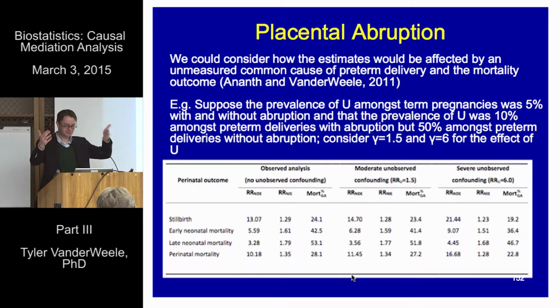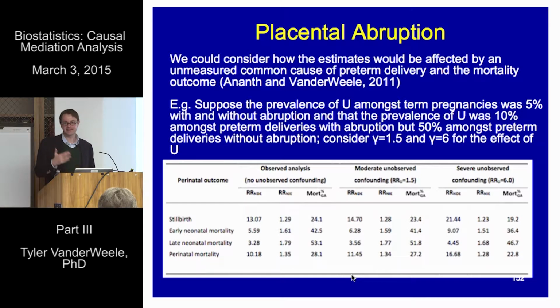We obtained a moderate total effect, a protective risk ratio, reducing infant mortality by about 20%, an odds ratio of 0.8. The mediated effect seemed to be about 20% of that based on our initial estimates. But just a little unmeasured confounding would flip that mediated effect from being protective to harmful.